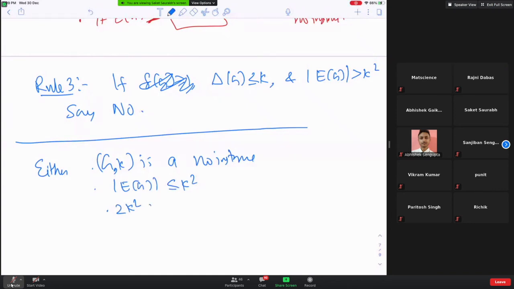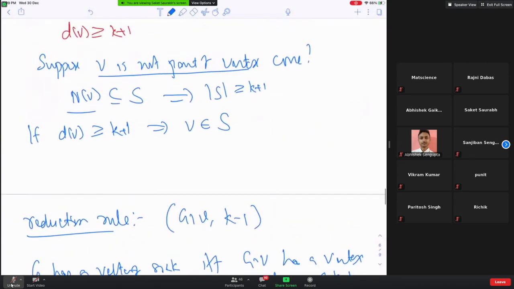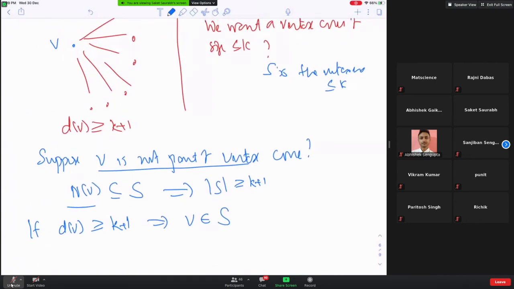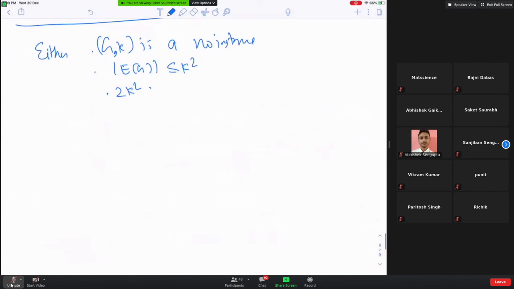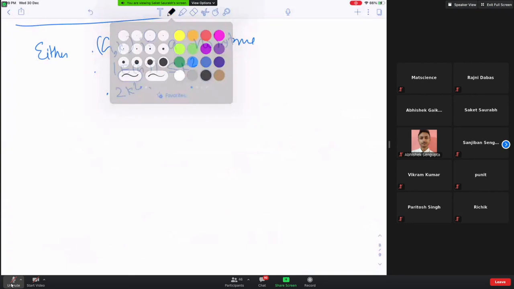Do you see that we can apply this algorithm in a small space? So notice what is actually happening. Let's look at this.